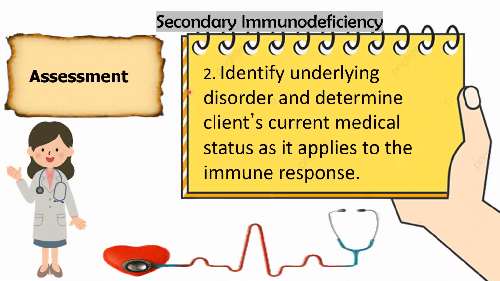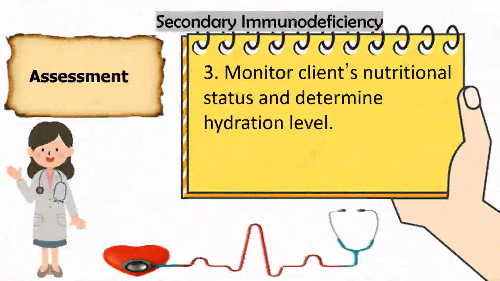And then it is important to identify the underlying disorder, if there are any other comorbidities, and determine the client's current medical status as it applies to the immune response. It is also important to monitor the client's nutritional status and determine the hydration level.